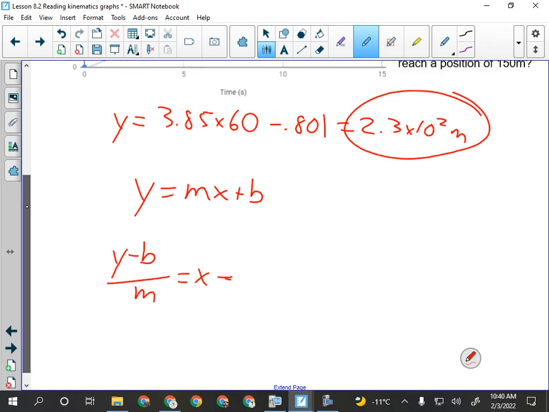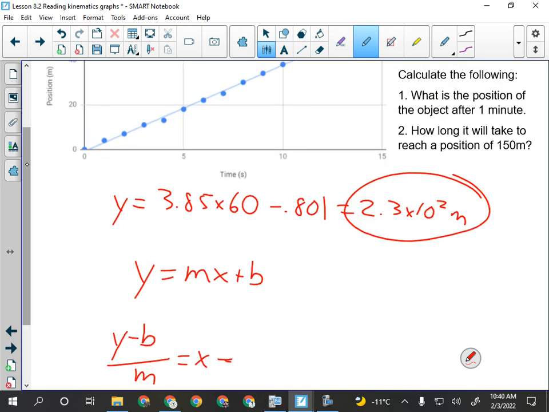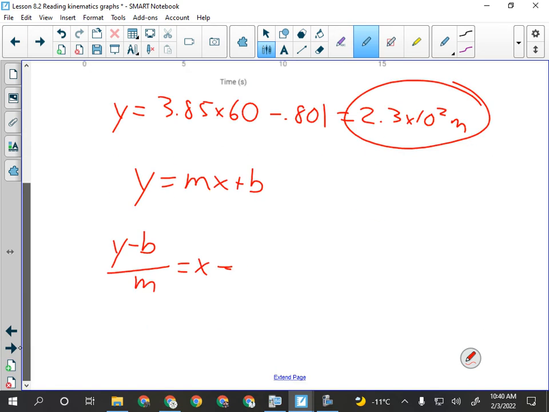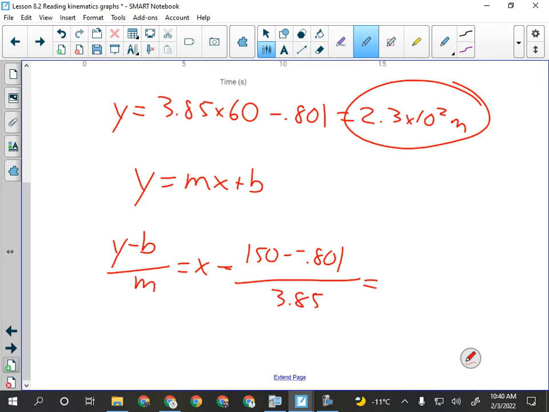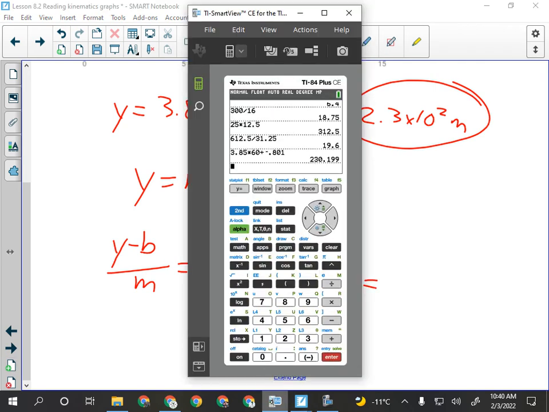They told me that the position is 150 meters, so y equals 150. So 150 minus negative 0.801, divided by m, which was 3.85. So we're looking at 39 seconds.